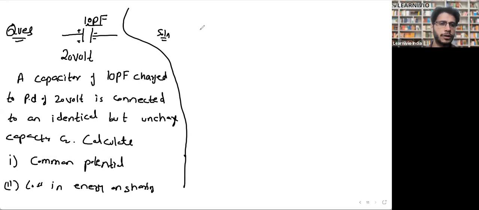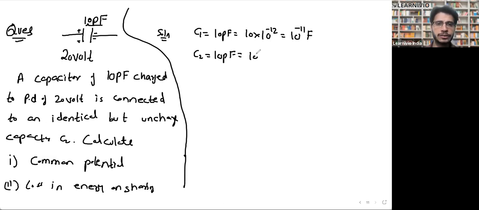Say C1 is 10 picofarad. You can write this as 10 into 10 raised to the power minus 12, that is 10 raised to the power minus 11 farad. Then C2 is also identical, 10 picofarad, so that's 10 into 10 raised to the power minus 11 farad.